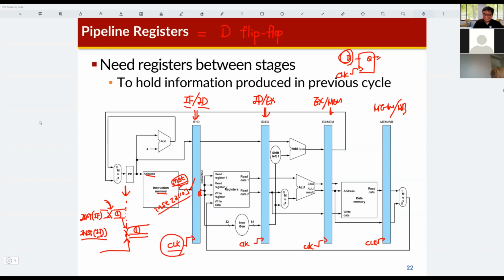This timing is very important to understand the pipeline architecture, or pipeline processor.